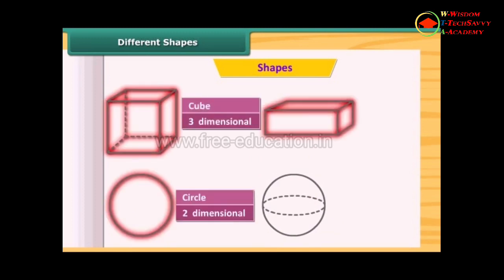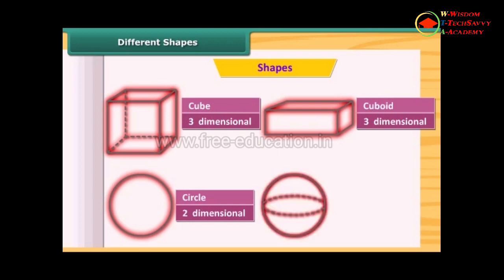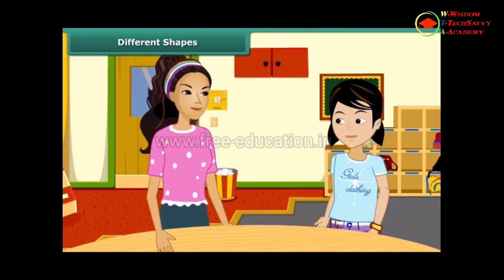This is a cuboid and is three-dimensional. And this, is it a sphere? Yes, this is a sphere and is three-dimensional. Wow, Rita, you are learning so fast. Tell me more about these shapes. Come.